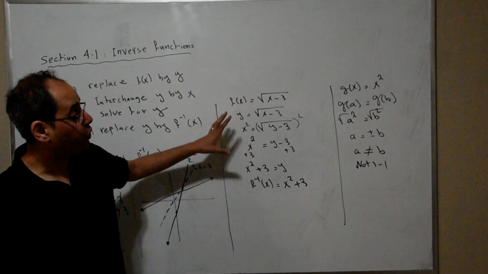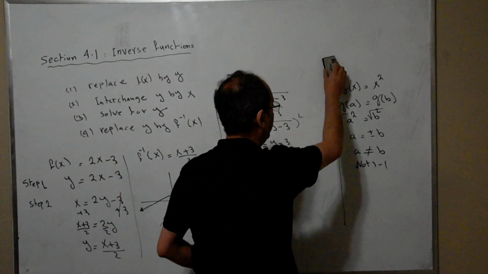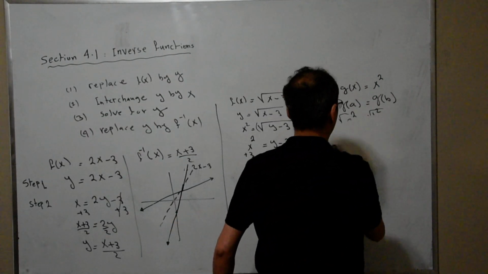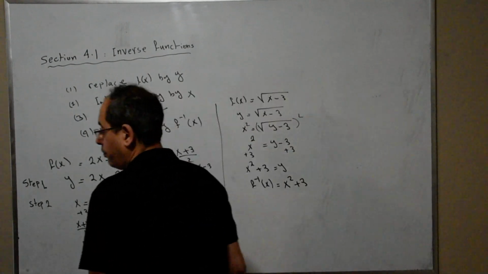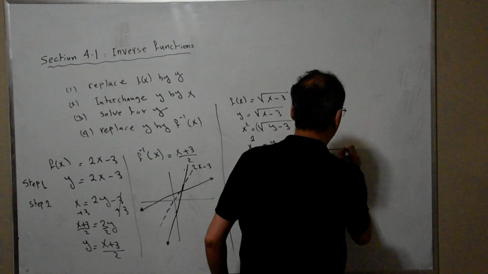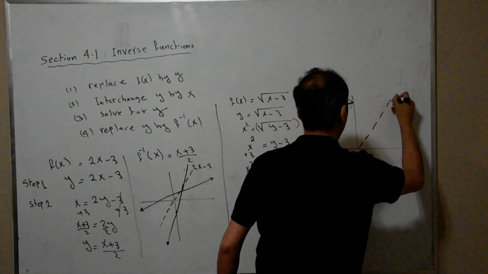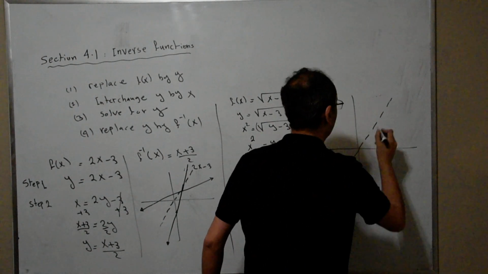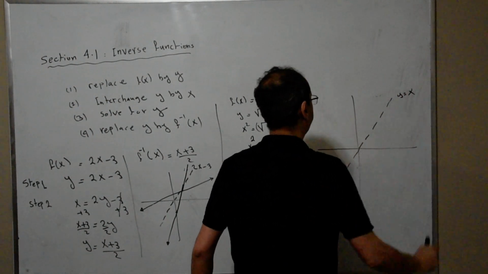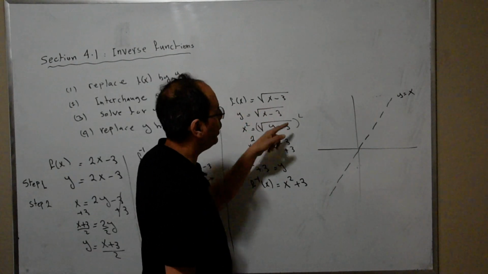Now let's graph both of these and see how they reflect about y equals x. So here I have y equals x, and I'm going to graph this one. So this is the square root of x minus 3.